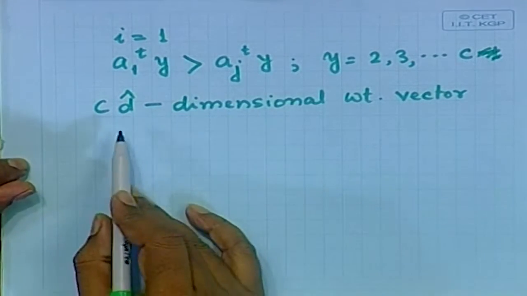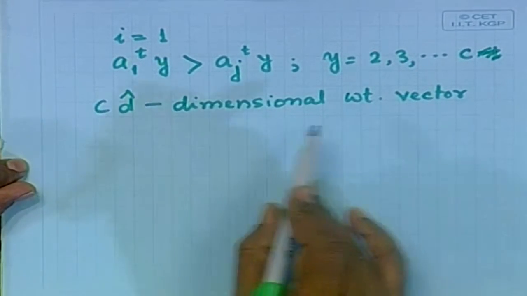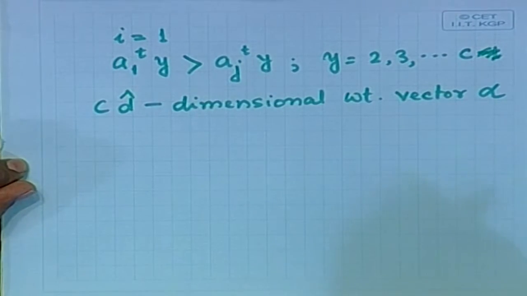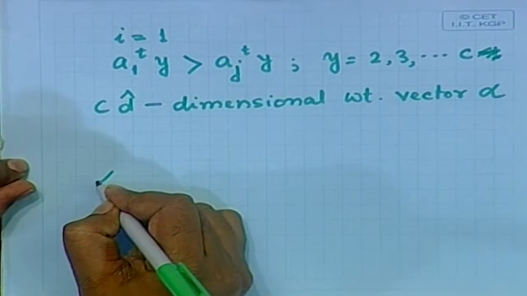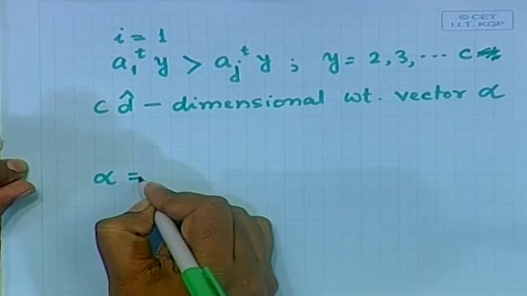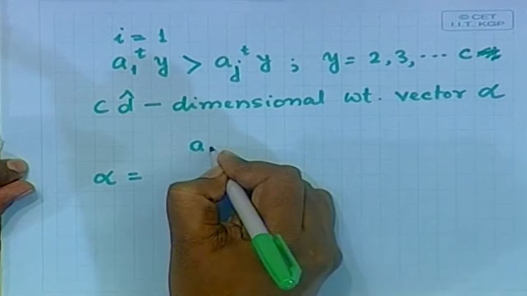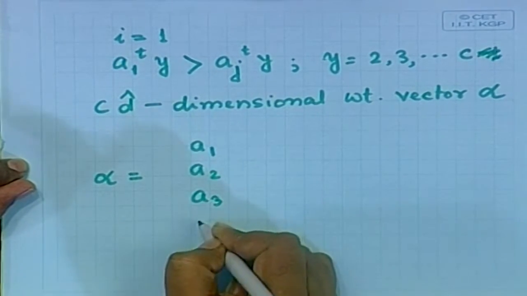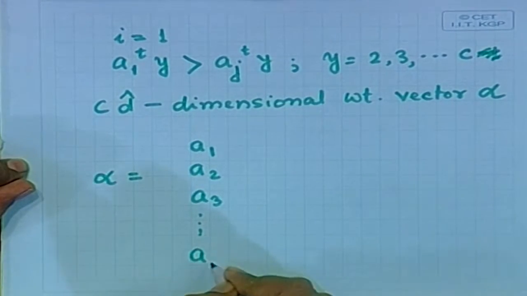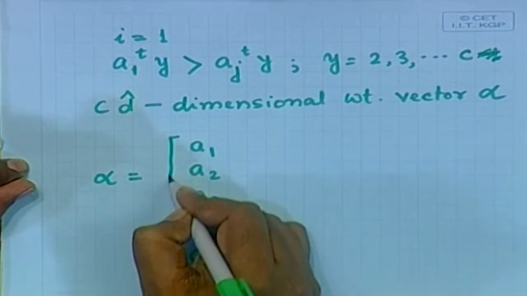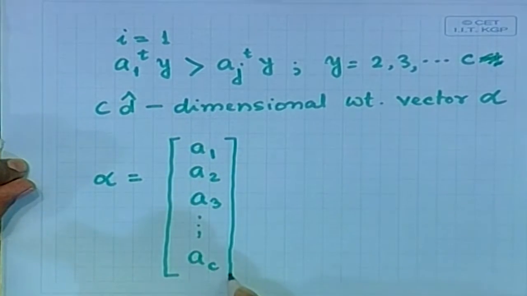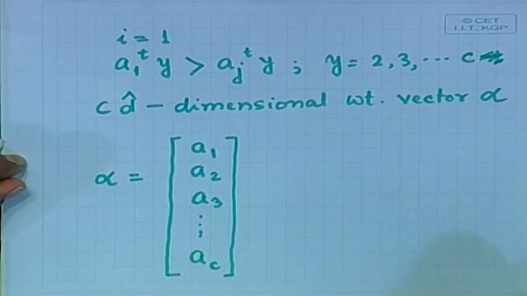So I take a C times d hat dimensional weight vector, and let us say this weight vector is alpha. What is this alpha? This alpha is nothing but a_1, a_2, a_3 up to a_C. This is my weight vector alpha.